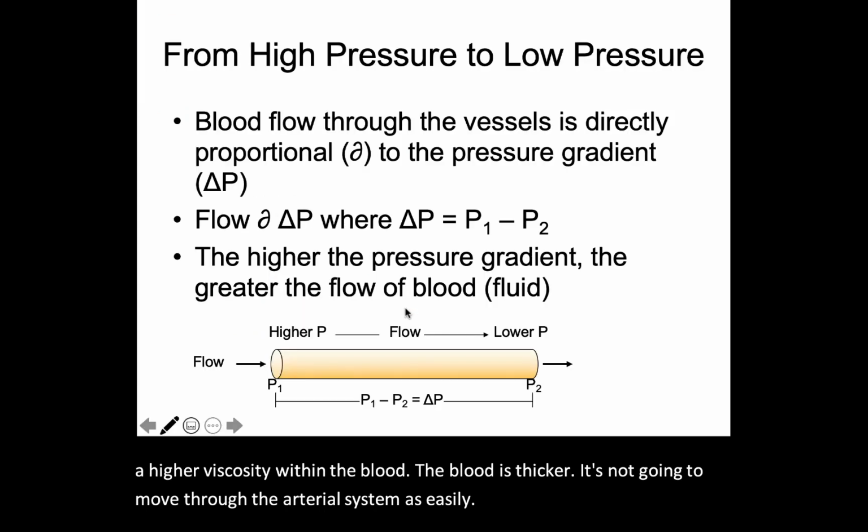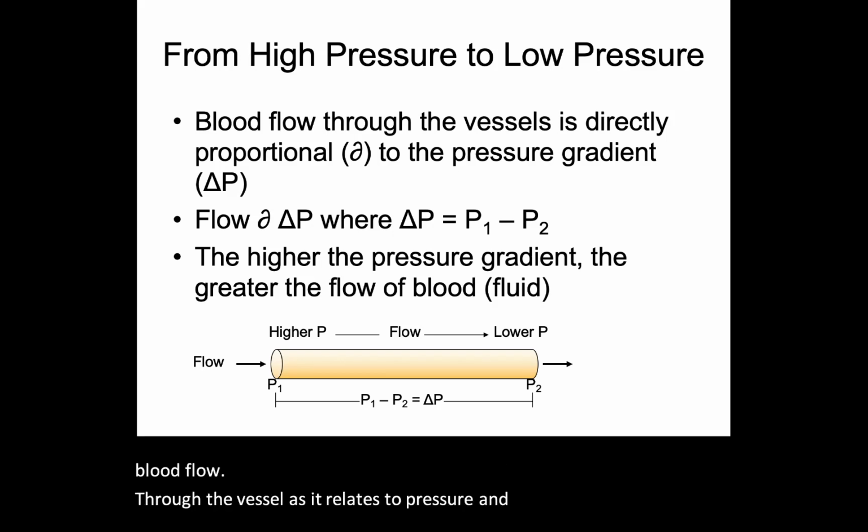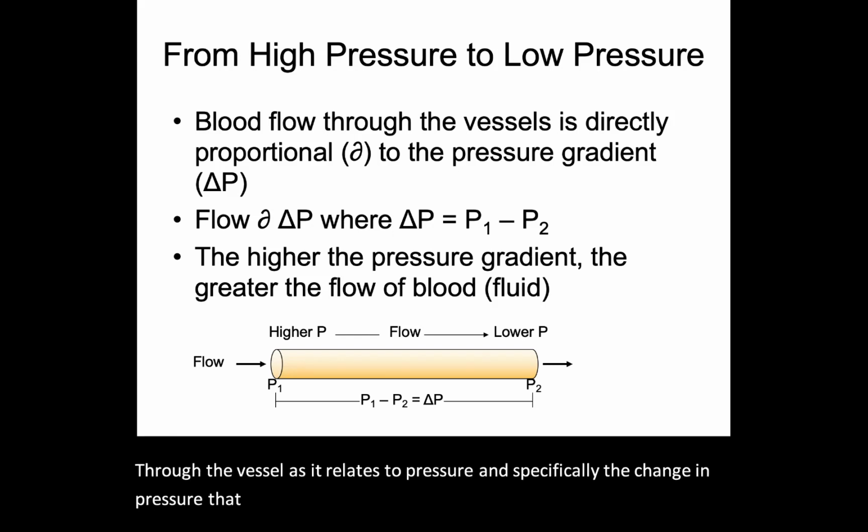And so we can look at this idea of blood flow through the vessel as it relates to pressure. Right? And specifically, the change in pressure that is experienced as the blood is traveling through the vessel.